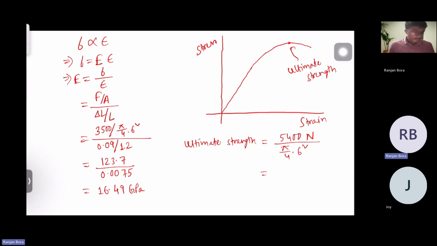So it will come to 190.98 megapascal. So this is the ultimate strength of this uniaxial compression test for this femoral cortical bone.